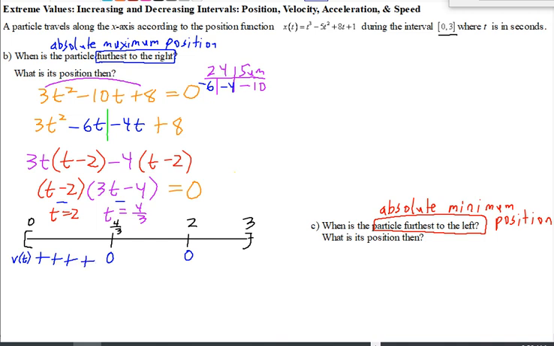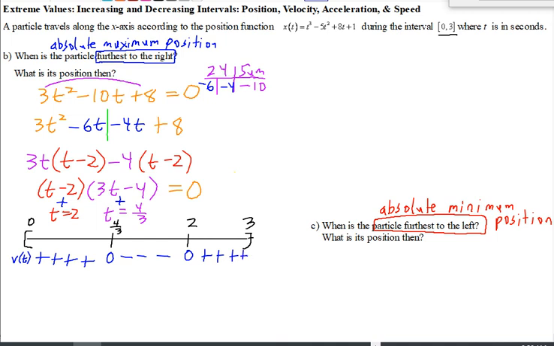Between 4/3 and 2, probably the easiest thing is 5/3, because 2 is 6/3. So 5/3 is less than 2, so minus 2 would be negative. And if you substitute 5/3 times 3, the 3's cancel out, you get 5 minus 4, which is positive. Negative times a positive is negative. And then if you test 3, 3 minus 2 is positive, 3 times 3 is 9 minus 4, that's positive. Positive times a positive is positive.